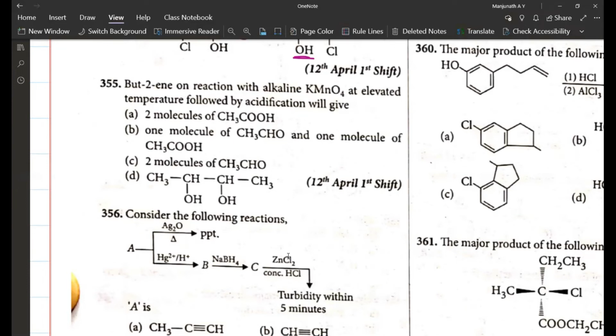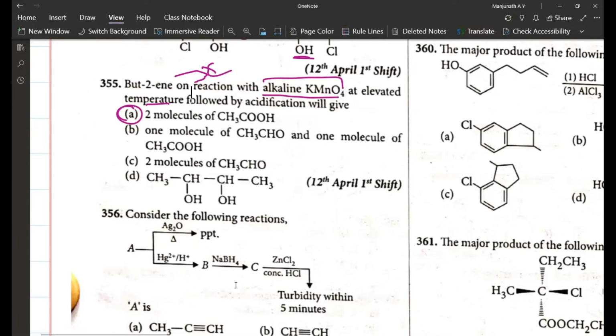It must be option A, because for alkaline KMnO4 they have not mentioned dilute. Alkaline KMnO4 is also a good oxidizing agent, that too at elevated temperature. Obviously, it will undergo breakdown. So butene will break down like this, and it will form two acetic acids.